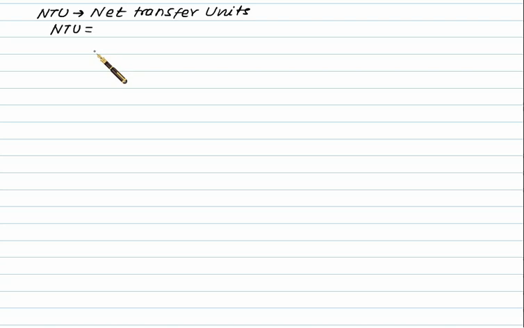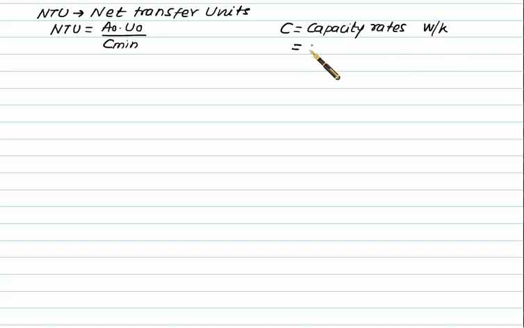The second method used for designing the heat exchanger is the net transfer unit, NTU, and is given by A0 into U0 divided by C minimum. Here capital C is called the capacity rate and is given in watt per Kelvin. It is obtained by the product of m dot multiplied by Cp.